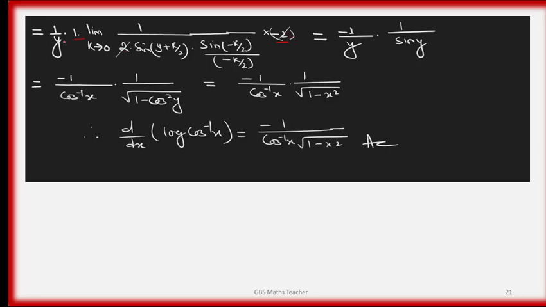Equal to minus 1 by y, the minus 2 and these 2 can be cancelled, times, with k equal to 0, 1 by sine y, and sine k by 2 over k by 2 will be 1.